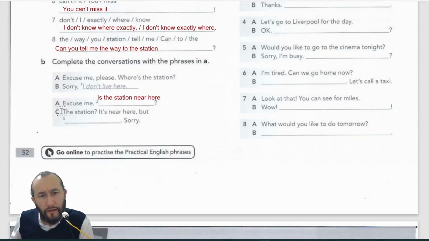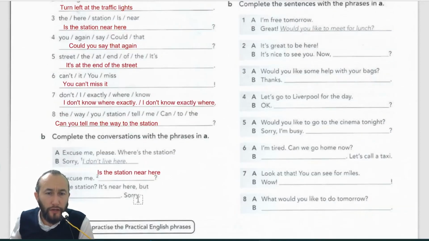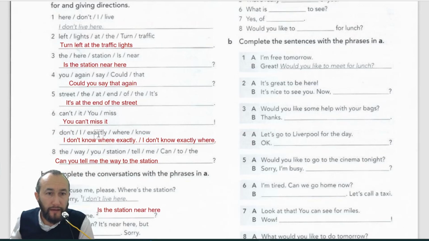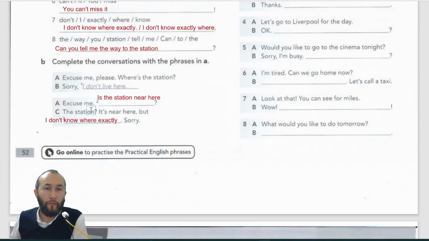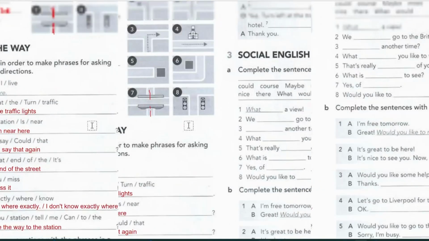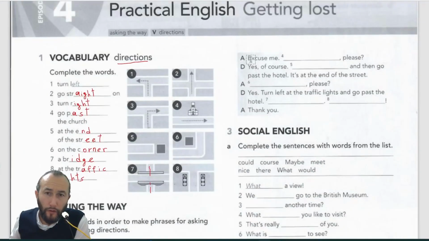C says, the station, it's near here, but because he's saying sorry, so I don't know where exactly. So we're going to use 7. I don't know where exactly. Okay. So it's near here, but I don't know where exactly. Sorry. Now we're going up. Question 4. Now A is asking, and now C couldn't help.